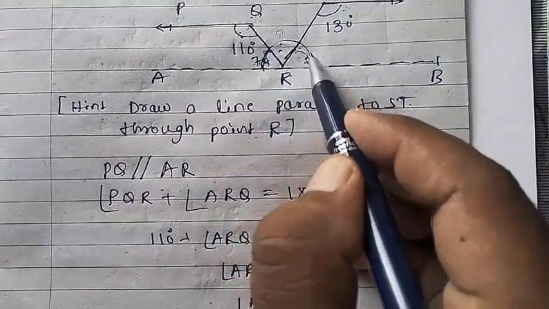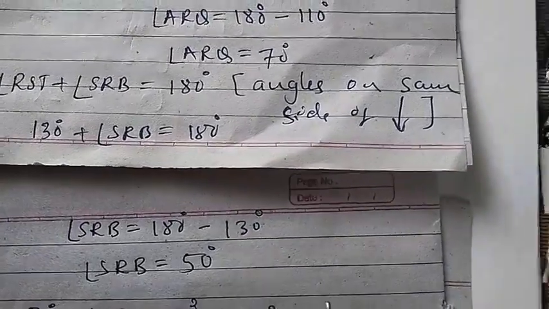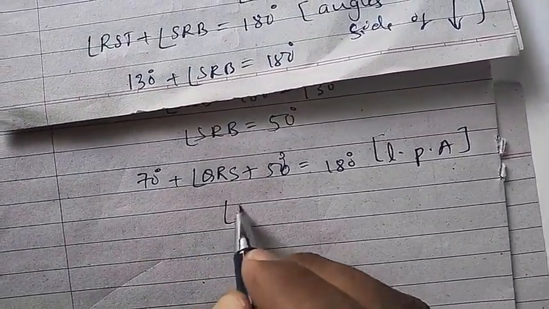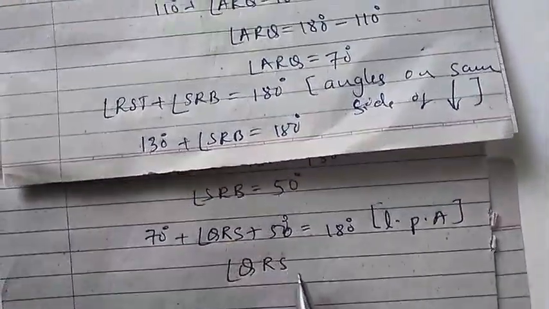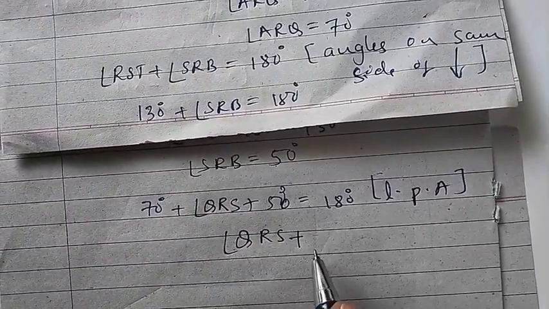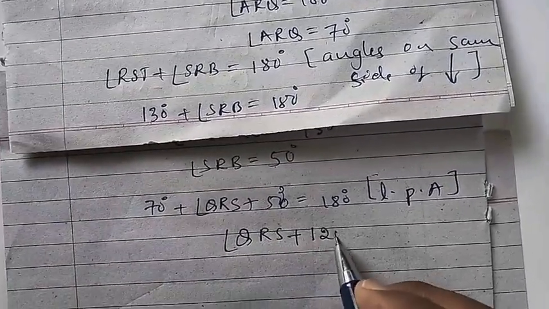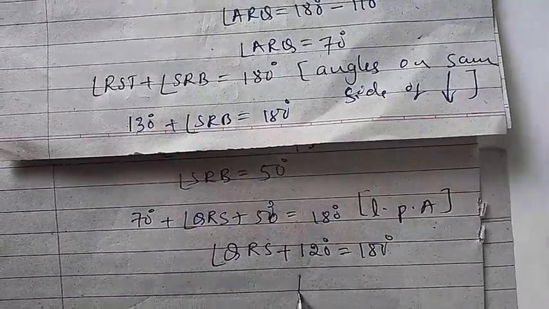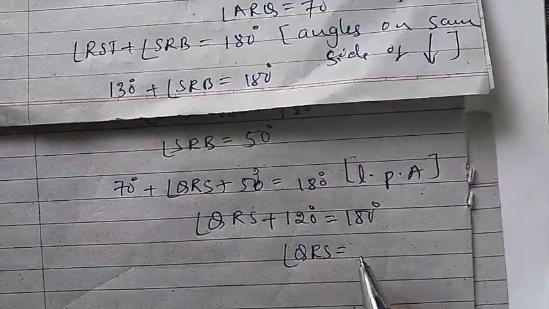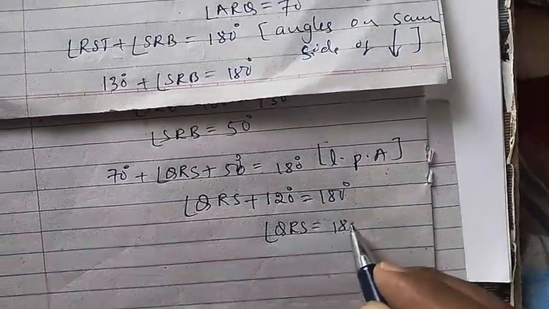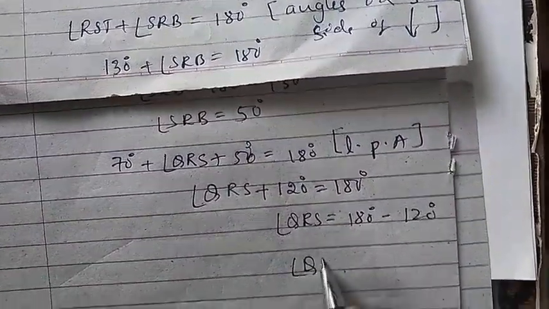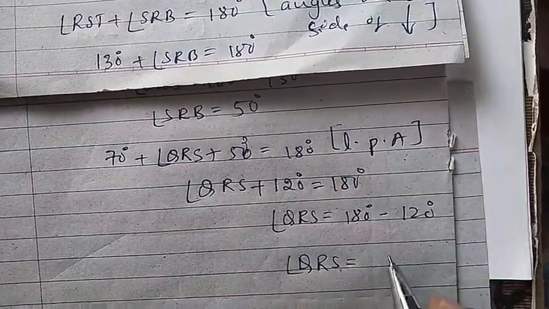So you have to write here: because linear pair angle. Correct. Now QRS plus 50 plus 70, that is 120 degrees, is equal to 180 degrees. Therefore angle QRS is equal to 180 degrees minus 120 degrees. Therefore angle QRS is 60 degrees.